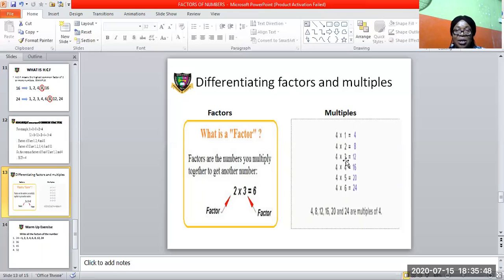Do you understand? 4, 8, 12, 16, 20, 24 are skip counting numbers. They are your times table. Multiples are peculiar to times tables of group counting. Do you understand? Beautiful.